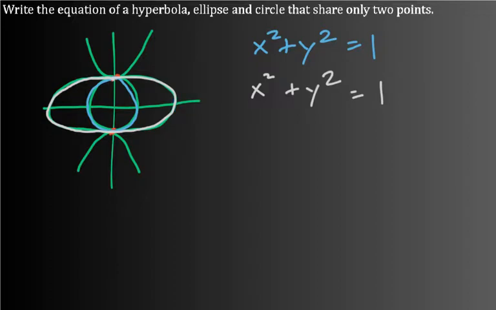I need the b value to get me out somewhere further than 1, basically. Or you could have an ellipse that's drawn like that too. So you don't actually need one drawn the first way I had it.